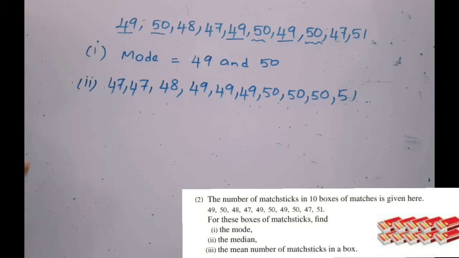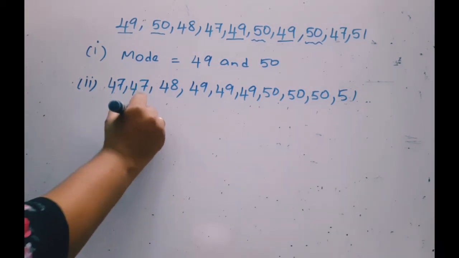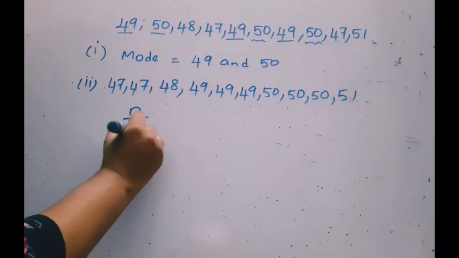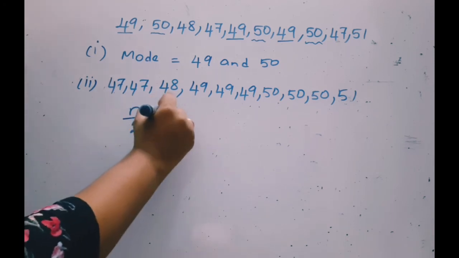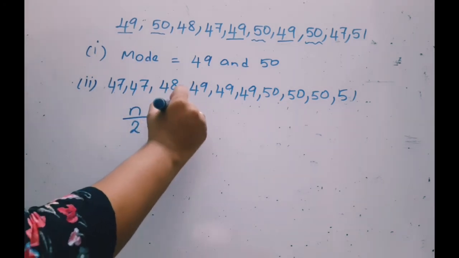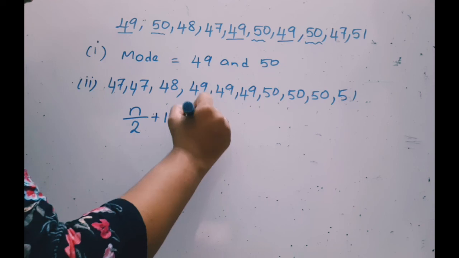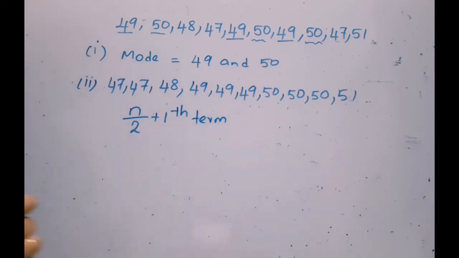So how to find the term? You have to substitute in the formula n divided by 2 and then add 1. That is the center term of the data for even numbers of data.